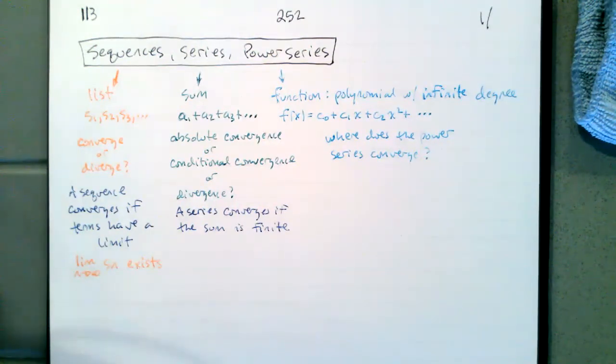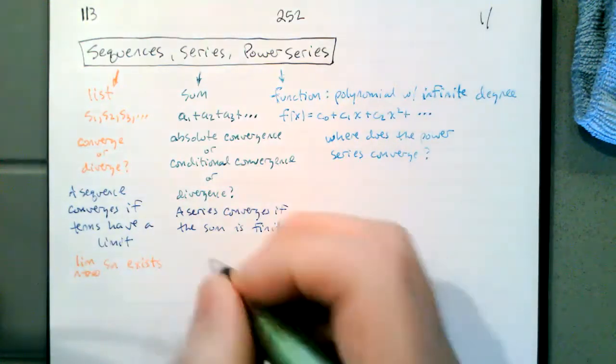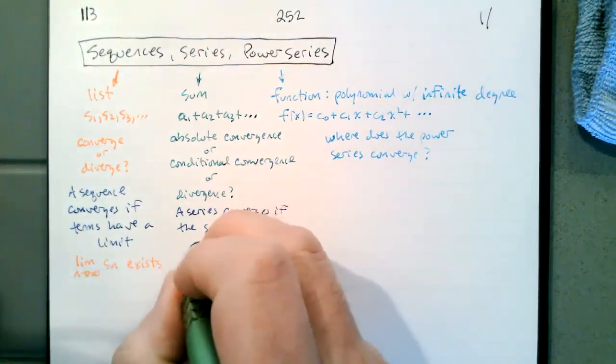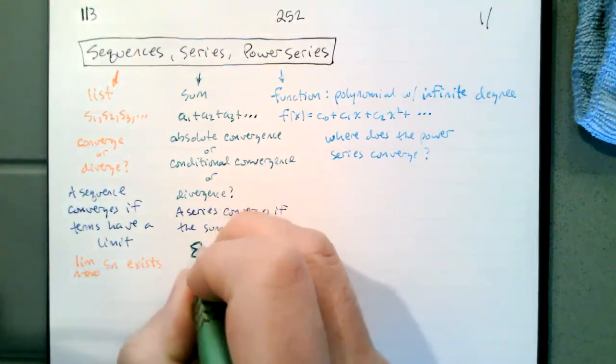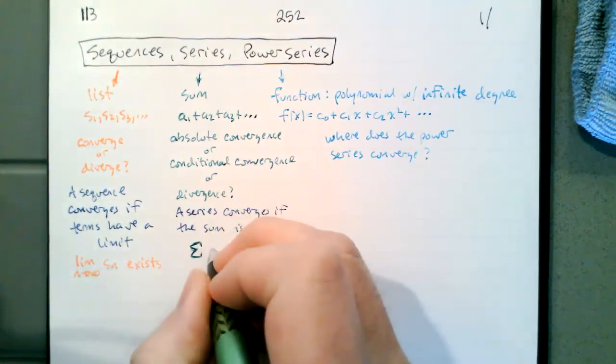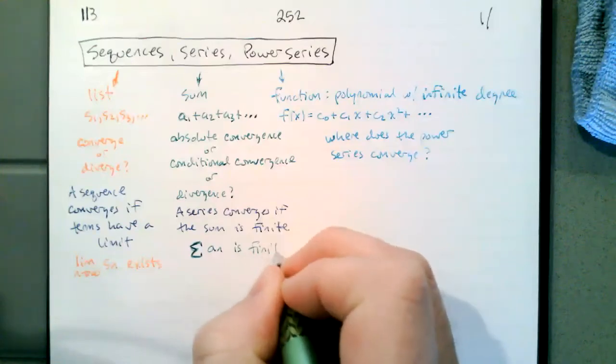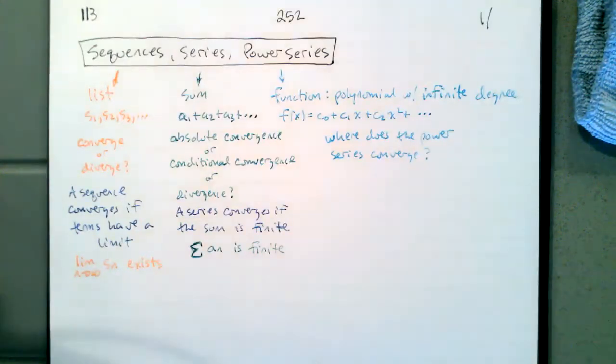This is a much more complicated question. But we're looking at the sum. What we need to be able to determine quickly is if the sum of an is finite. This is a bit of a tricky question. We have to be able to look at the form of the terms an and decide quickly whether that is a convergent series or a divergent series.